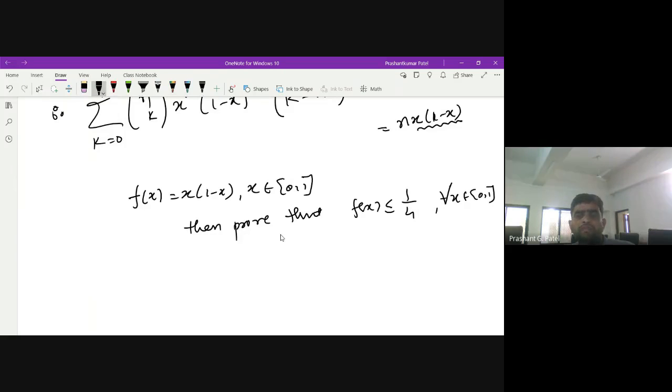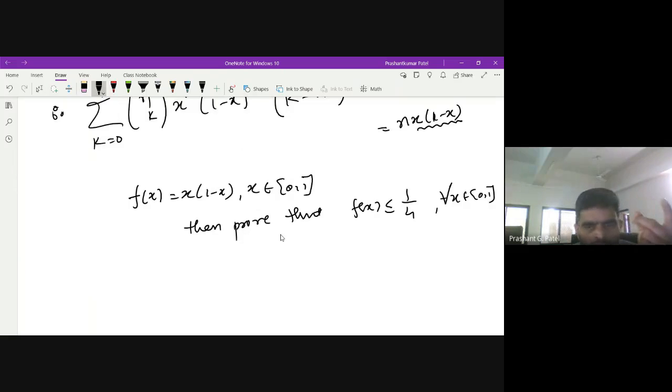It's a very straightforward proof. One can prove this easily by calculus, by taking the first derivative equal to 0 and then finding the double derivative at all the stationary points. If the double derivative is negative, it will give you a maximum at that point.